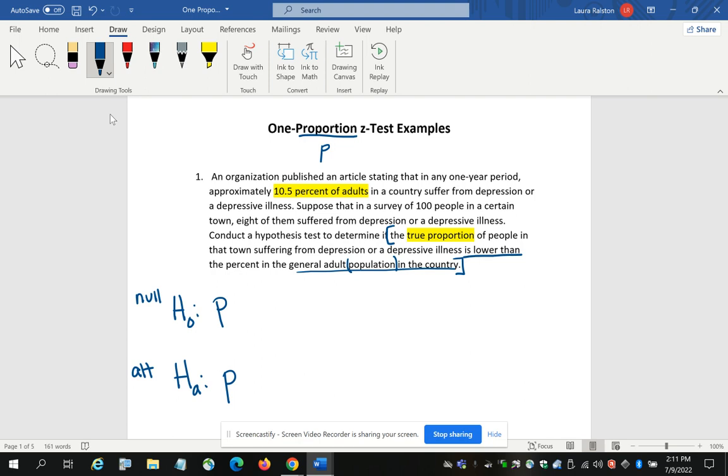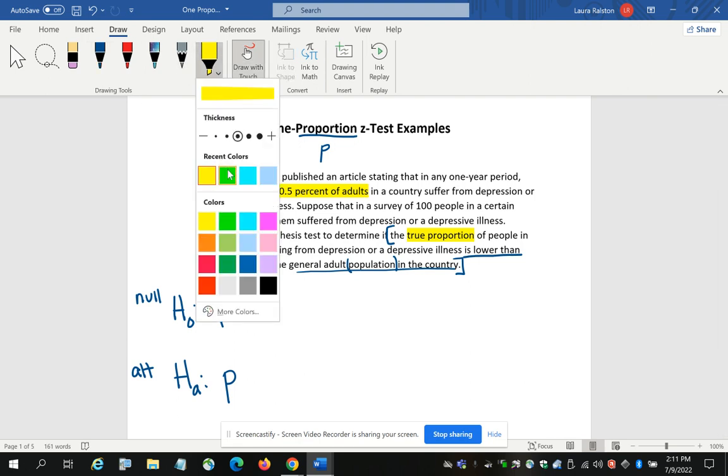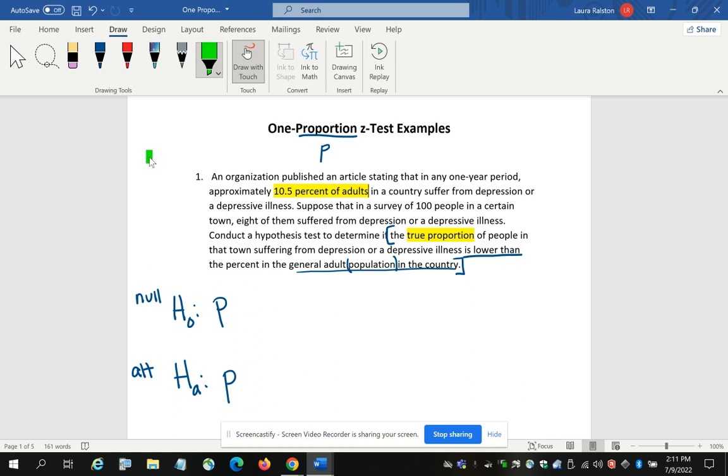If I go back to the first sentence, it says approximately 10.5% of adults. The other phrase that's important here is it does say is lower than. So I hope when you see that word or phrase is lower than, you think of the math symbol less than, which does not contain equal, which tells me this statement is the alternative.